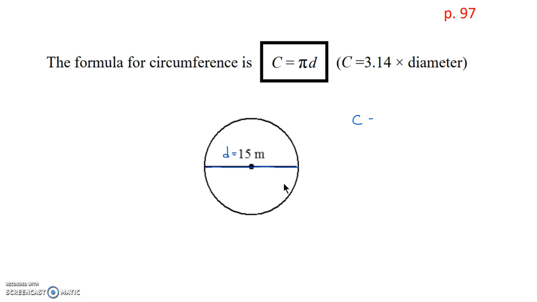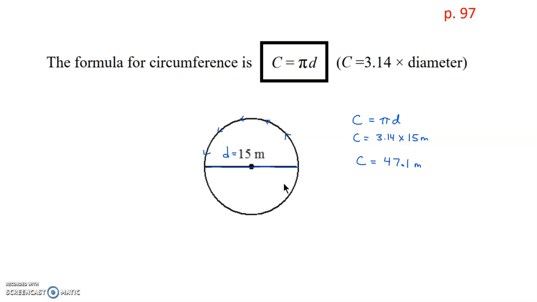So if we want to find the outside measurement, we're going to take pi times the 15, so 3.14 times 15 meters. We take 3.14 times 15, and we get an answer of 47.1 meters. The reason it's meters is because we're just finding the outside measurement.